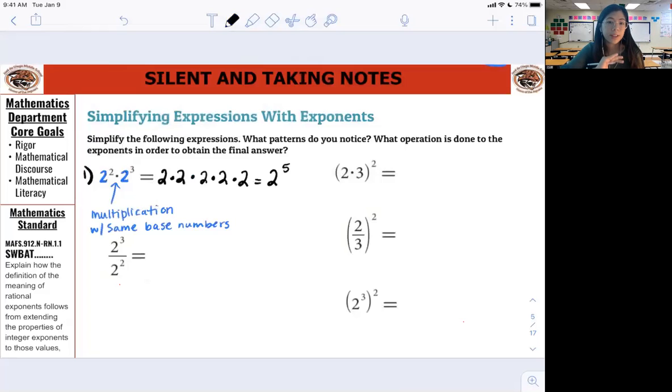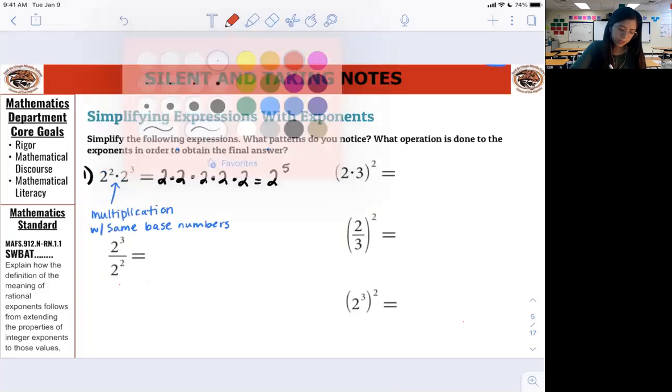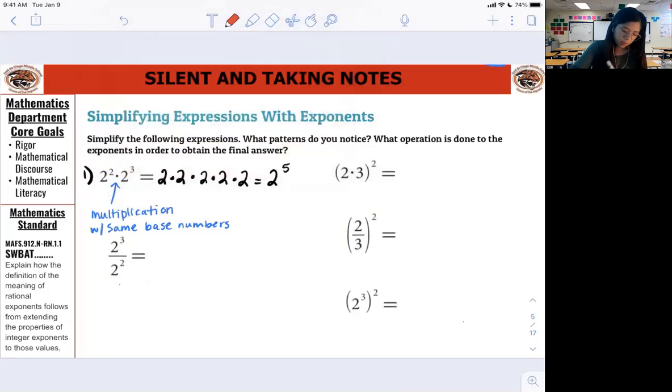I'm actually going to leave it like that because now I want us to think about what patterns we see. What happened to the exponents that I started off with? The 2 and the 3 became a 5. Added. We added the exponents.